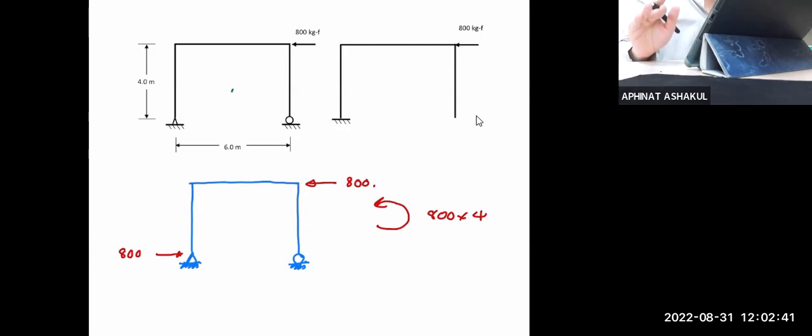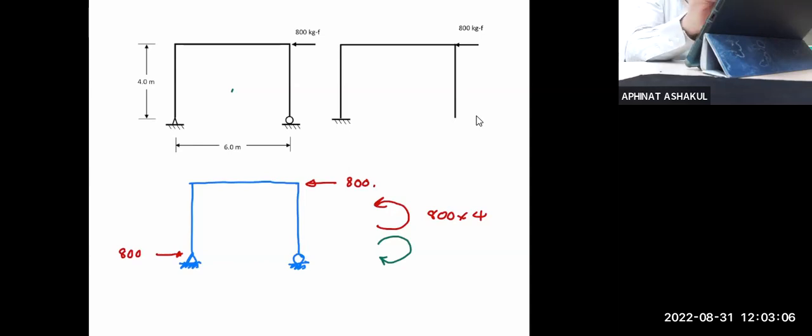Can you see that you now have the counterclockwise moment? So you would need the clockwise moment to balance it, and it should be equal. This moment is 800 multiplied by 4, 3,200 kilogram-force meter.